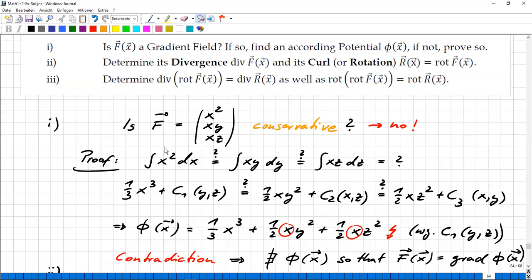So what I want to say here is it has historical reasons that we never introduced a special notation for really partial integrals. You know what I mean? Because I should say this is not a regular integral. Instead, this is an integral exclusively with respect to x and not with respect to y and z.